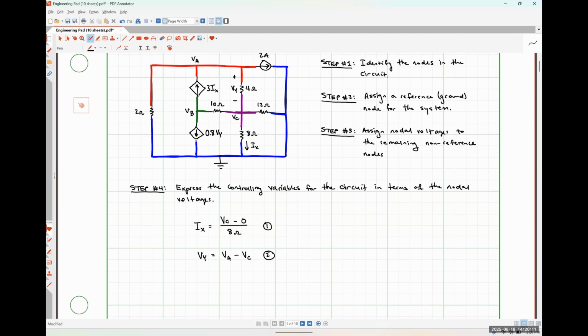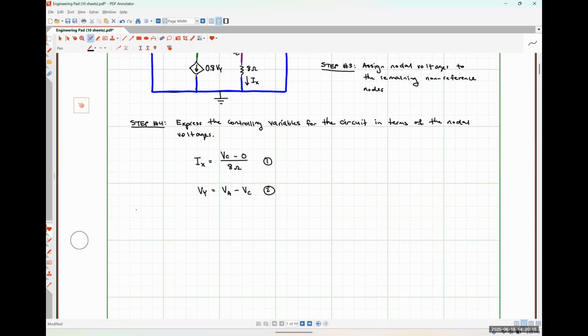All right. So step number 5 is going to be: write a Kirchhoff's current law, or KCL, equation for each non-reference node.